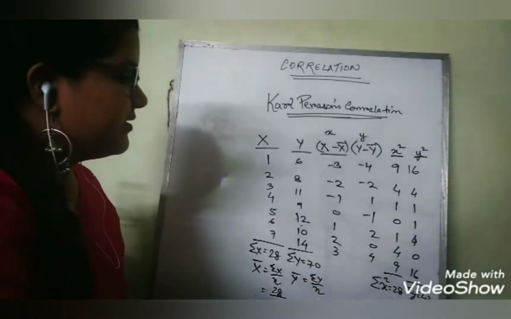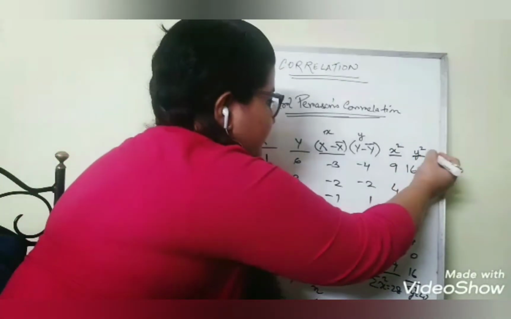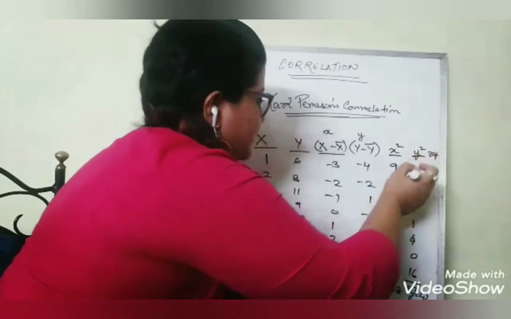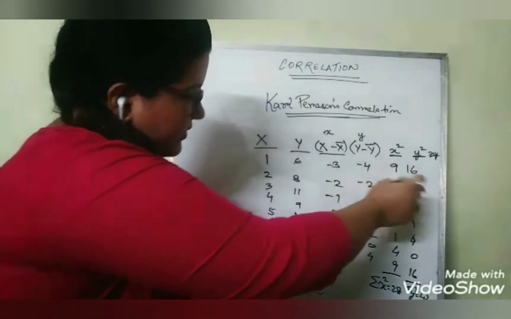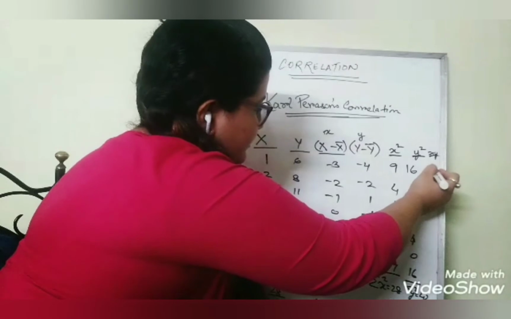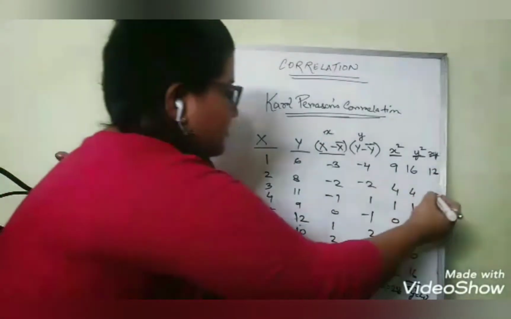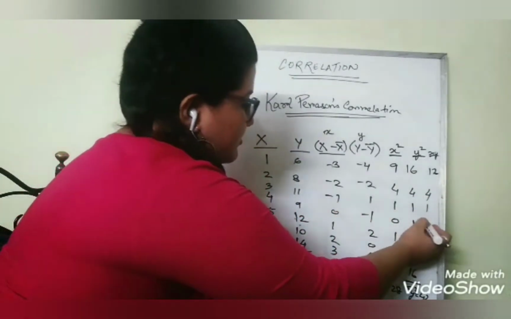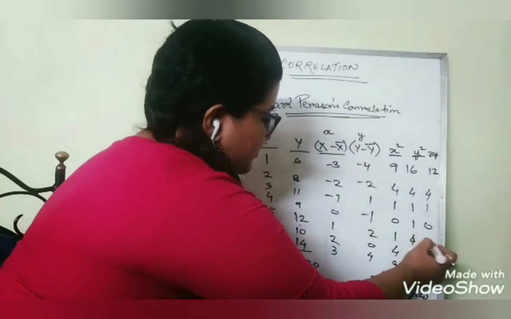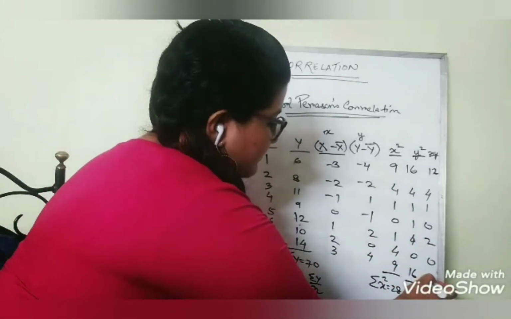After you complete this, you have to add another column, xy, x into y. So 3 4s are 12, minus minus is plus 12, 2 2s are 4, 1 1s are 1, 0 into anything is 0, 2 1s are 2, 0 into anything again is 0, 3 4s are 12.